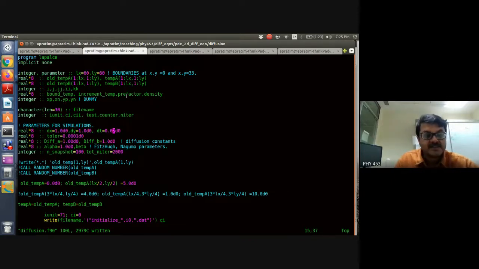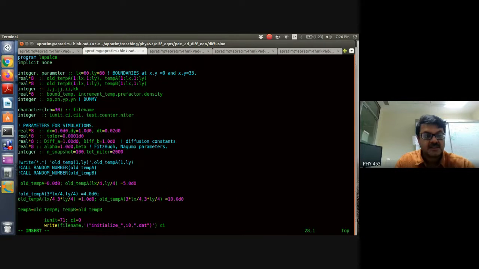But let me switch on two droplets. I'm introducing a droplet at Lx by 4, Ly by 4, and then one more at 3Lx by 4, 3Ly by 4, so it's diagonally off.